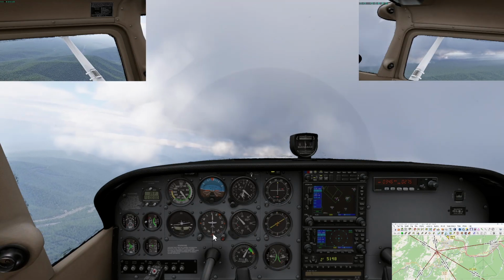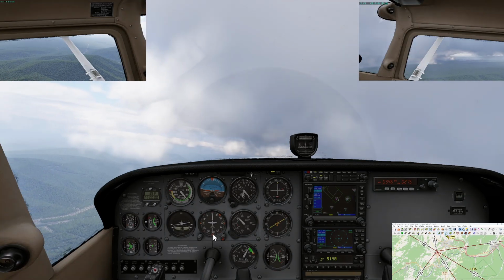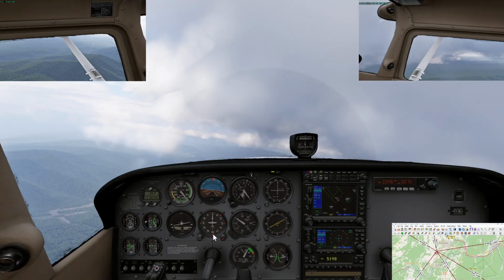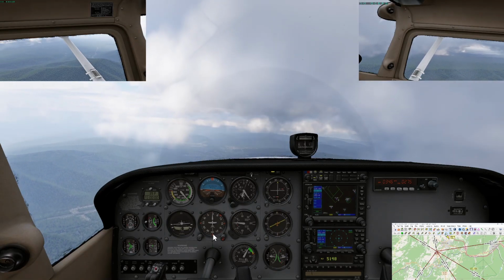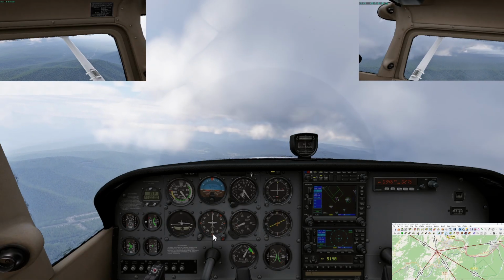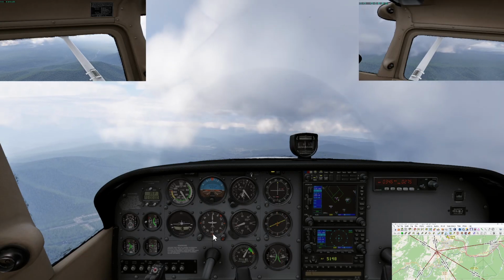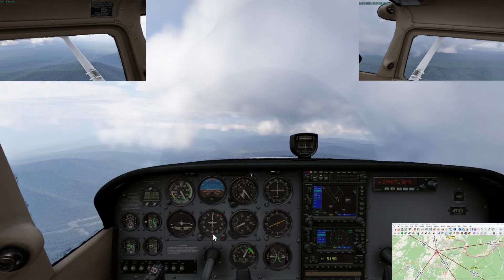One more math problem here. They want us to intercept the 090 bearing and track that. Well, we don't know if they want us to track it inbound or outbound yet.